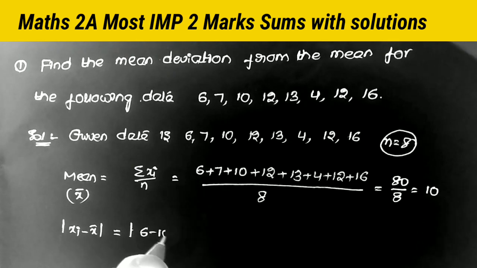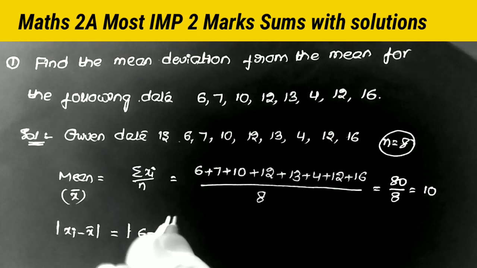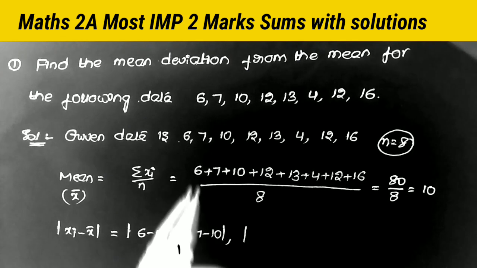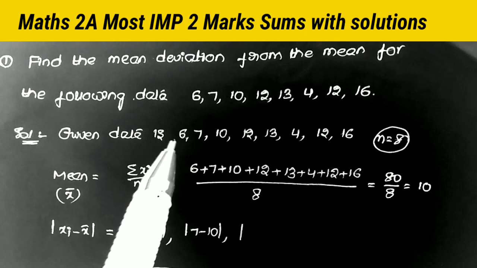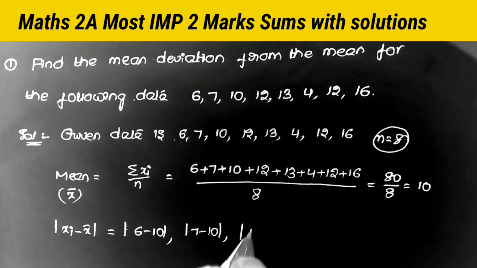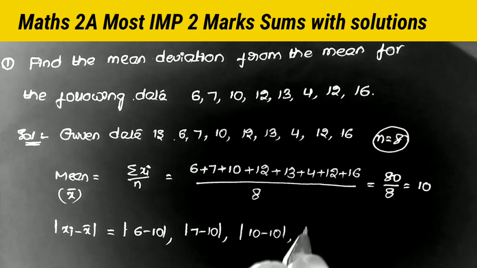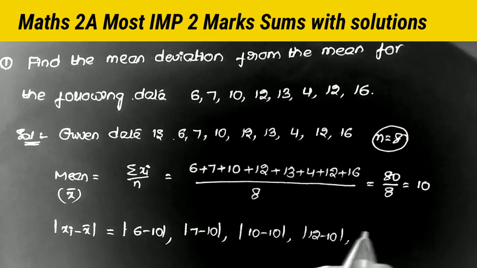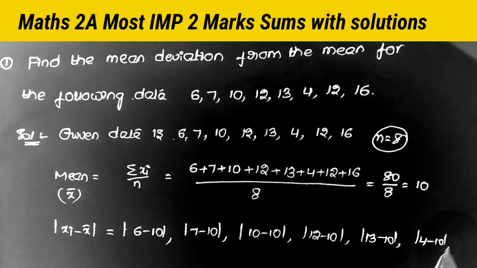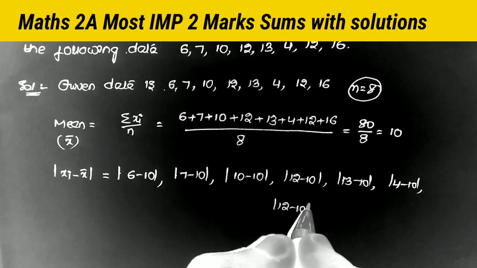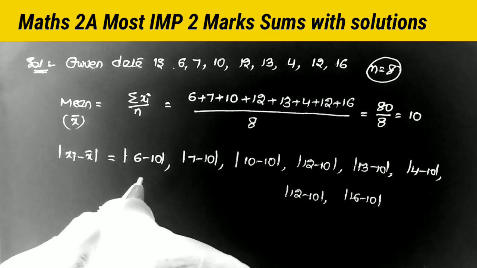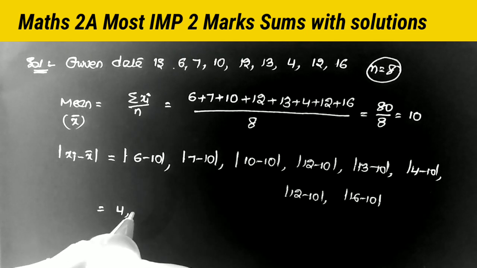First 6 minus 10, next 7 minus 10, next 10 minus 10, next 12 minus 10, then 13 minus 10, 4 minus 10, 12 minus 10 and 16 minus 10. 6 minus 10 is minus 4, but under modulus that becomes a plus value.